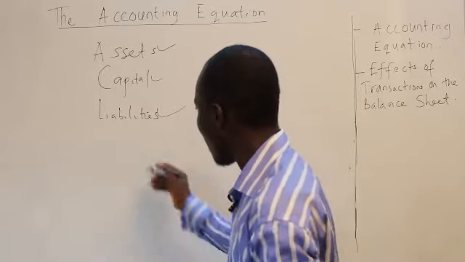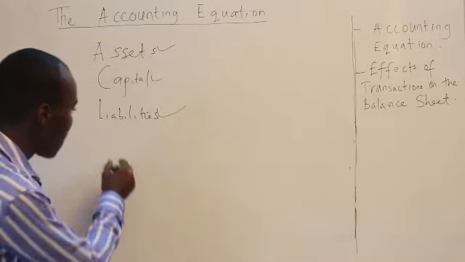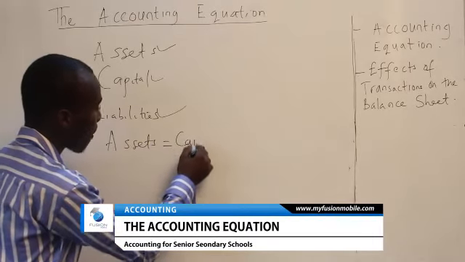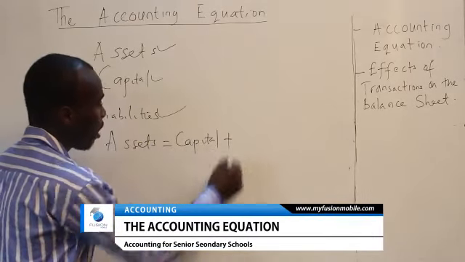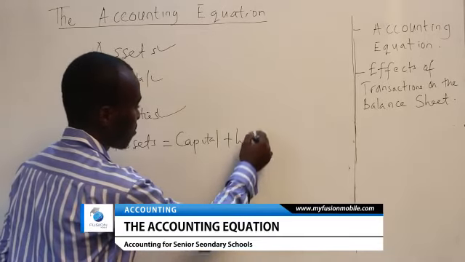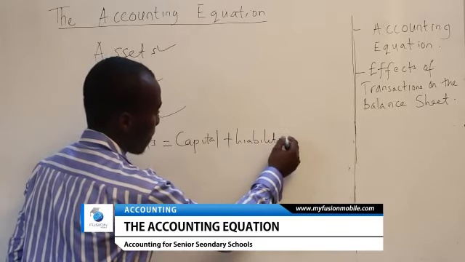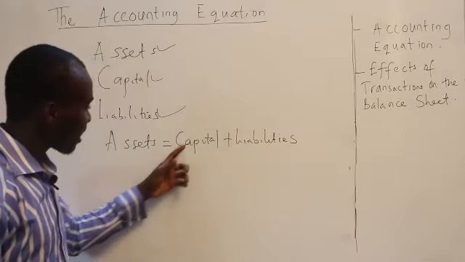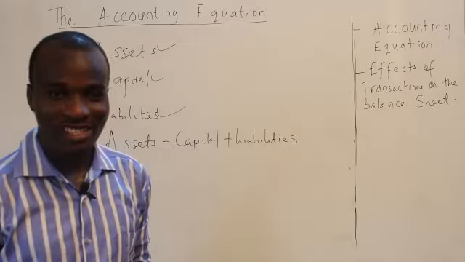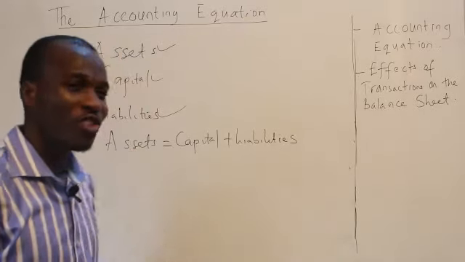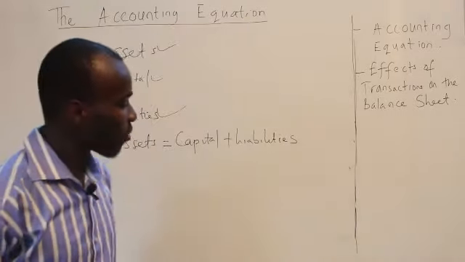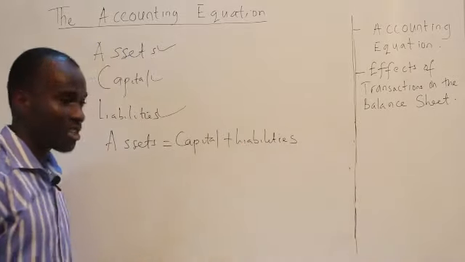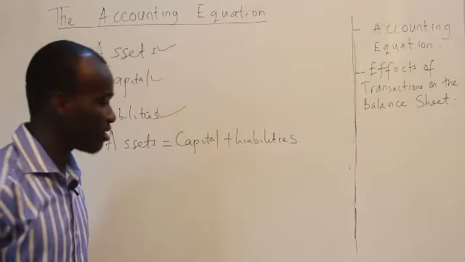Which means assets equal capital plus liabilities. So the capital shows the owner's claim on the assets, on the resources of the business, while the liabilities show the outsider's claims on the assets or the resources of the business.